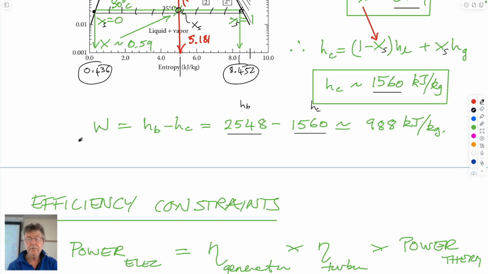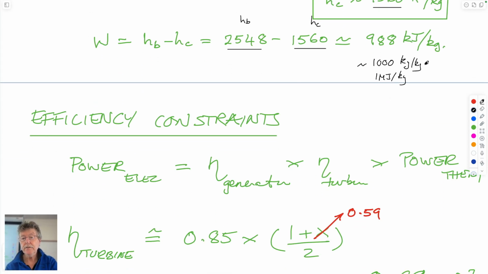So the maximum amount of work that we get out of that system is about 1,000 kilojoules per kilogram, which is 1 megajoule per kilogram. And so this now is the magnitude that goes down here.